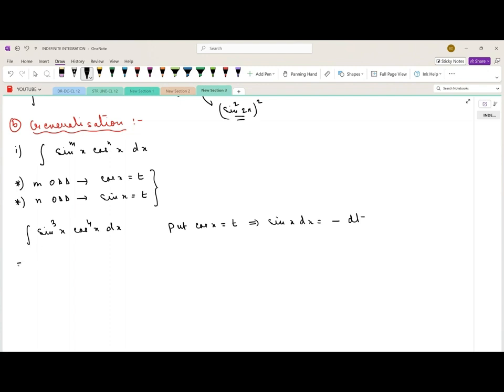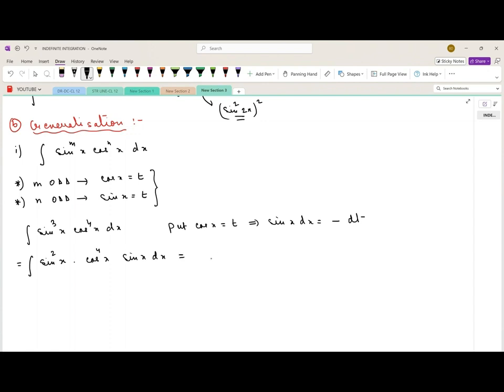You look at the integral like this: you need one sin x with dx, so break the sin cube into sin square x, and then cos 4x, cos x is t, so no problem, cos 4x, and 1 sin x dx here.